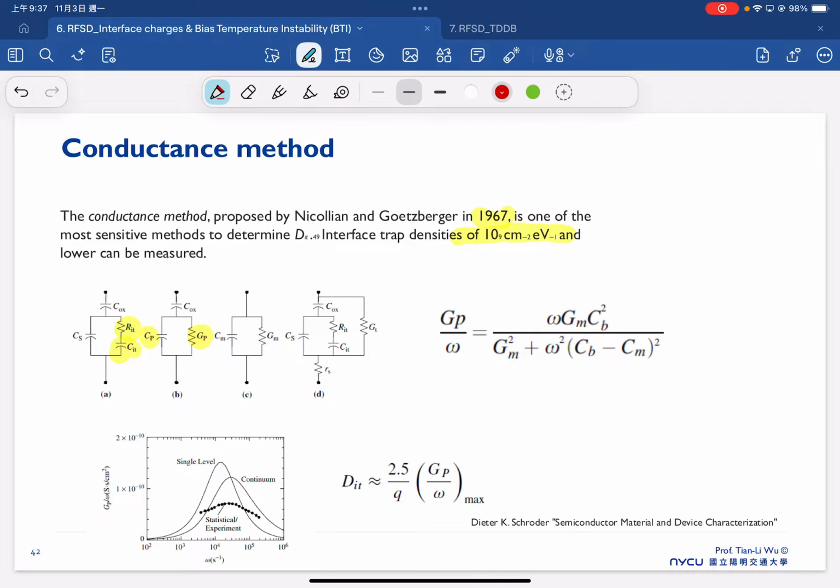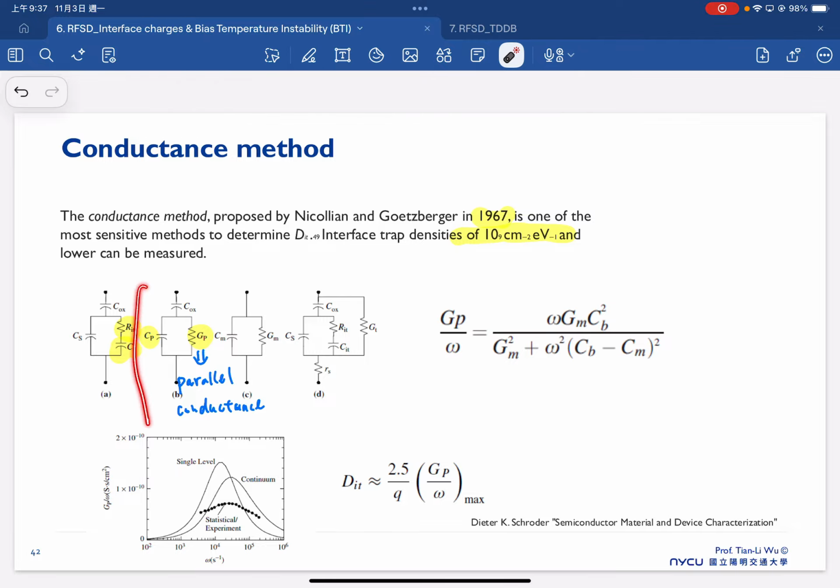The GP here is what we call the parallel conductance. With this equilibrium consideration, we use a parallel capacitance in parallel with a parallel conductance.